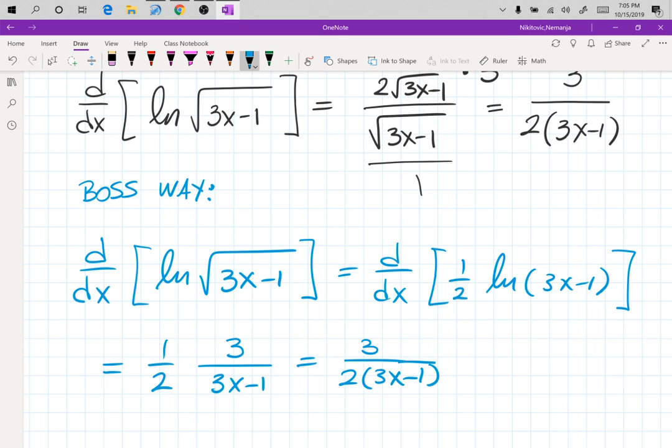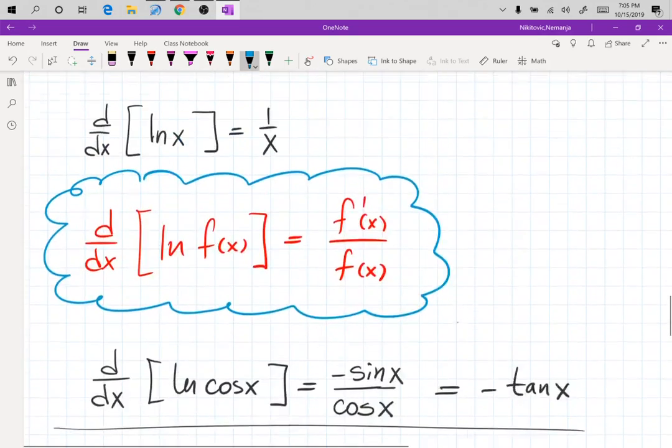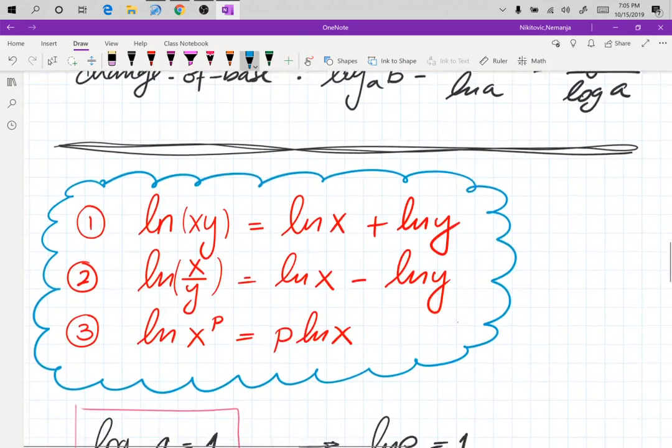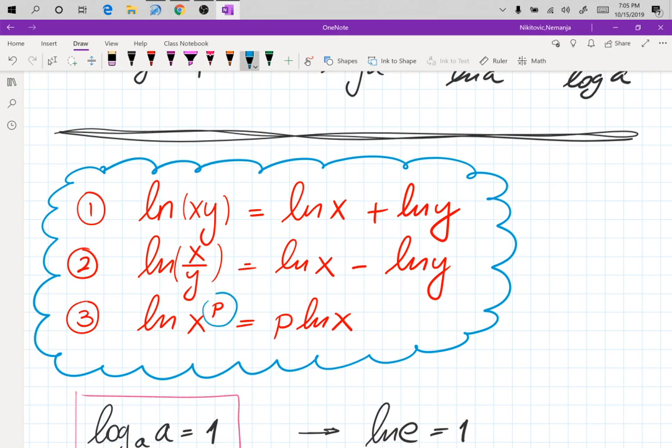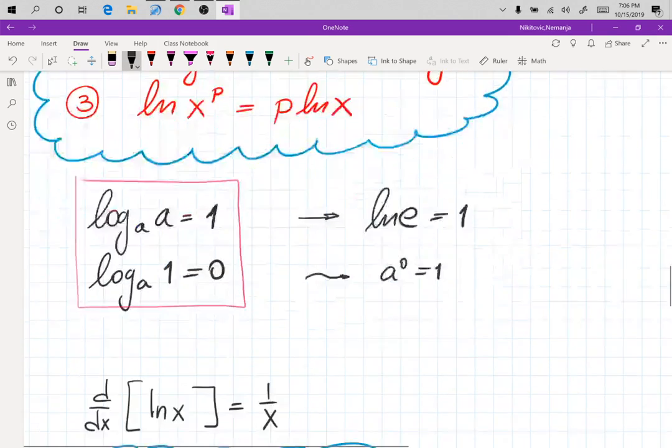Welcome to logs. Which formula did I use? I used number 3 over here. That exponent of 1/2 is actually the square root.